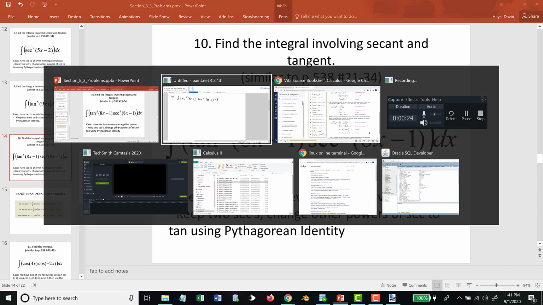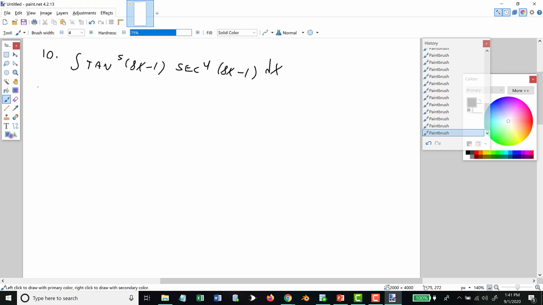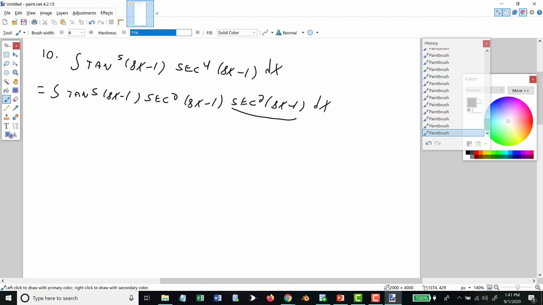This one looks pretty easy, actually. That means we're going to keep 2, and we have 4, so I'll have 2 here and 2 here. These are the ones I'm saving for my derivative. These are the ones I'm changing.